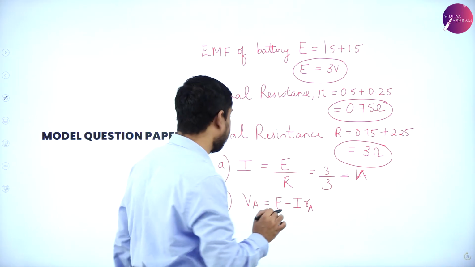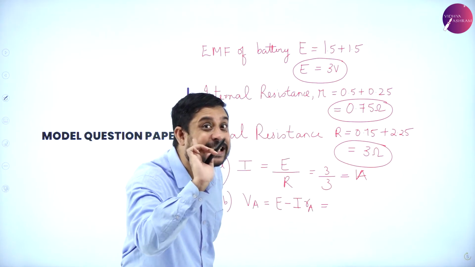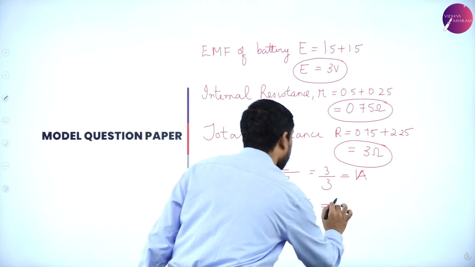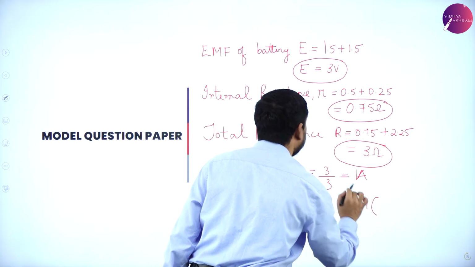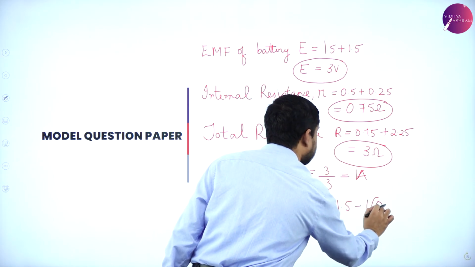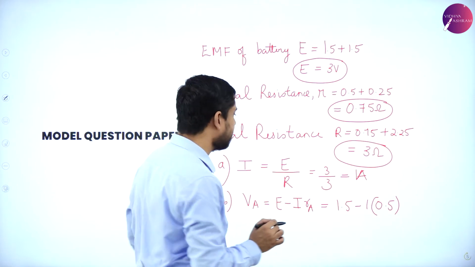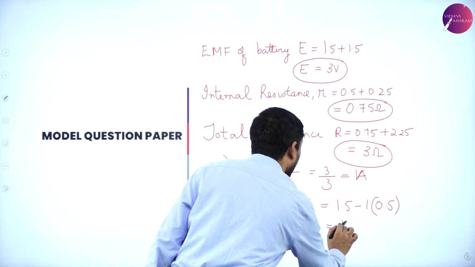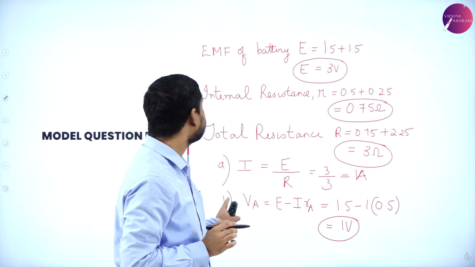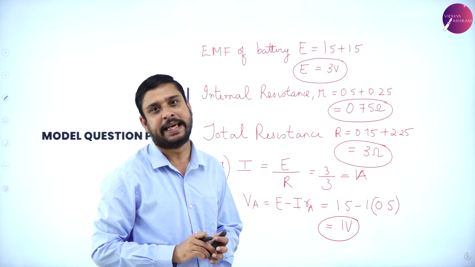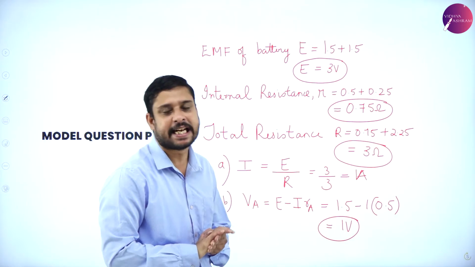Which is now the EMF of the first cell, only the first cell, 1.5 minus 1 into 0.5. So the answer turns out to be 1 volt. Similarly, as an assignment, calculate VB, for the second cell.